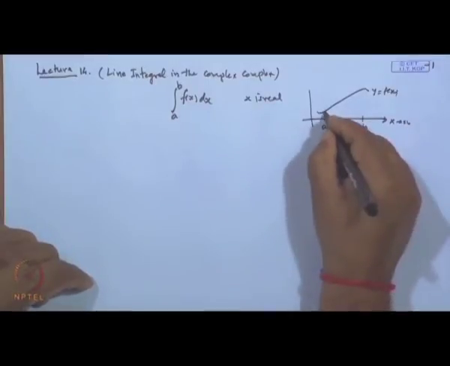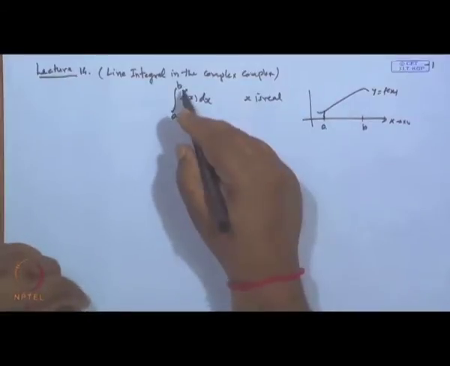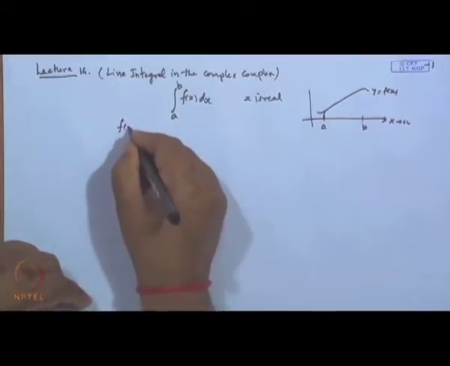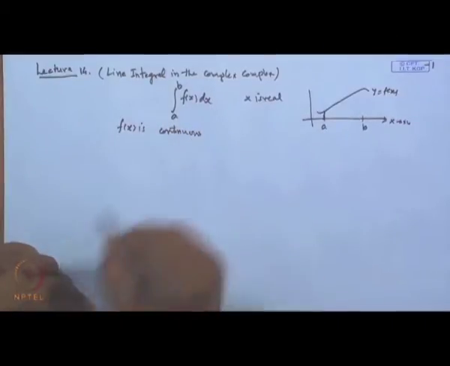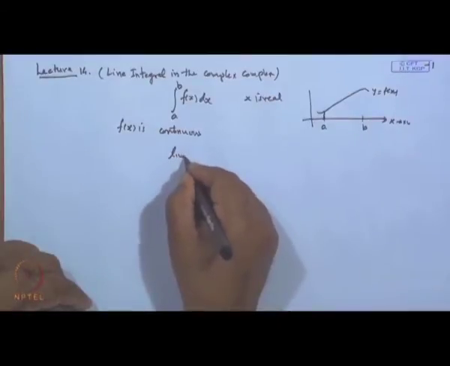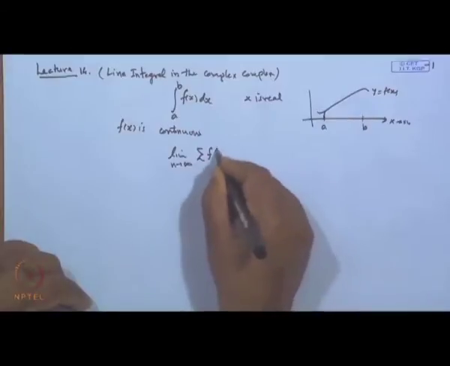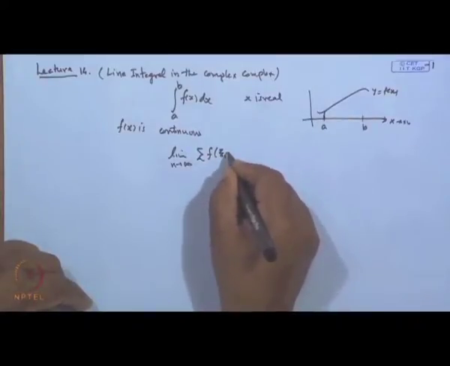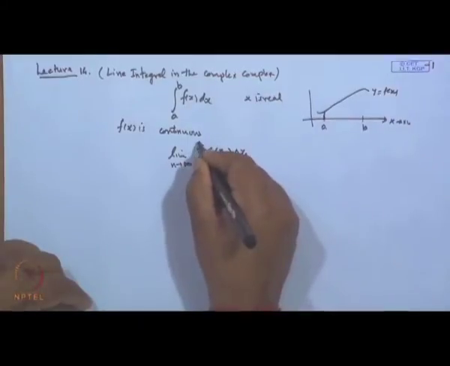And when we define it, we assume the function f(x) to be a continuous function. Then this integral is nothing but the limit as n tends to infinity of the sum, sigma f(x_i) delta x_i, i from 1 to n.